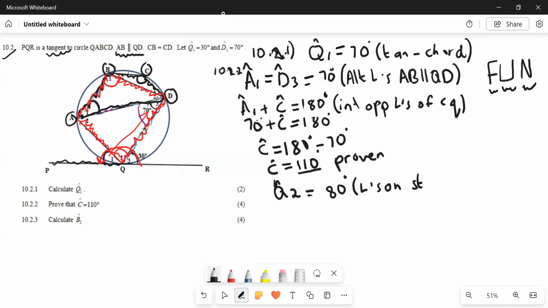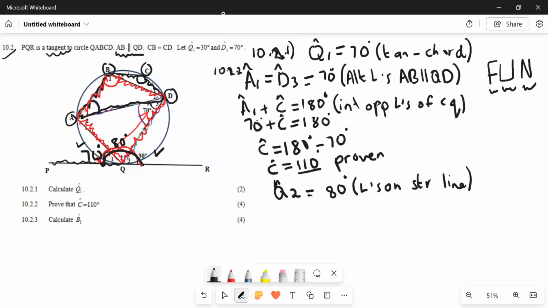Angles on a straight line, right? Because that one there is 70 degrees. We have 30. 70 plus 30, we get 100. Then 180 minus that 100, we get 80 there, right? Hence I said Q2 is equal to 80, right?